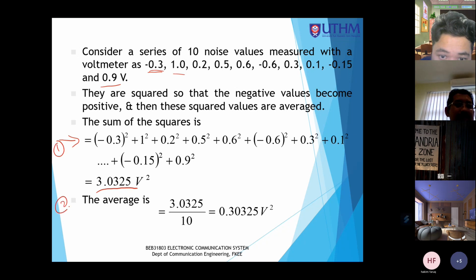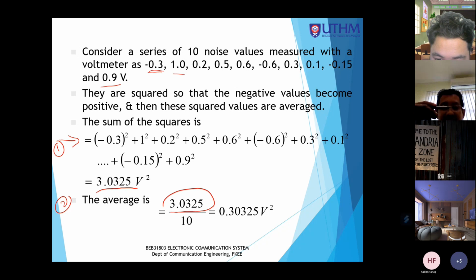The second process, we find the average value of the quadratic summation. Average means the quadratic summation divided by the number of samples. In this example, we have 10 samples, so we divide by 10. We get 0.30325 volt square.